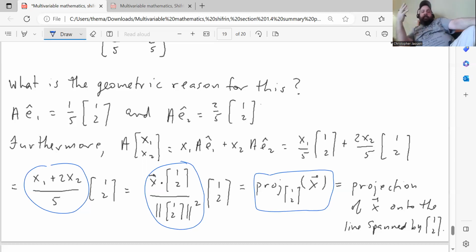So that's the geometry of why A to the n is the same as A. Once you project onto that line, if you project again onto that line, you're still going to get the same vector. It doesn't change by doing it a bunch of times. So that's the geometry behind it.